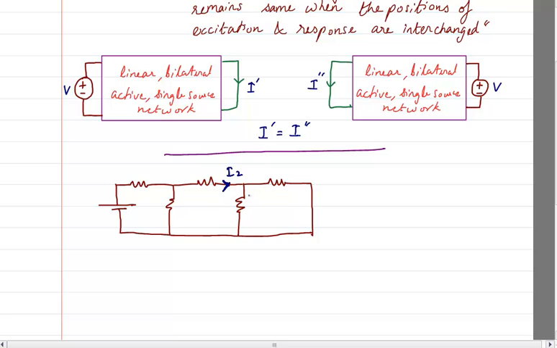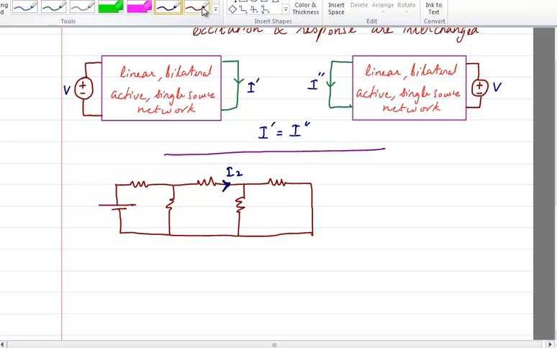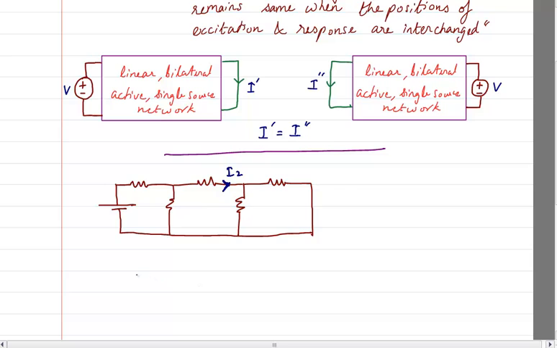I have drawn this direction like this. Then what it tries to say is that if you interchange the position, let me redraw the circuit. Here I am taking the voltage source, the rest I am not changing anything, and wherever the arrow was, there I am going to put this. Now look at the direction where I am going to place it.